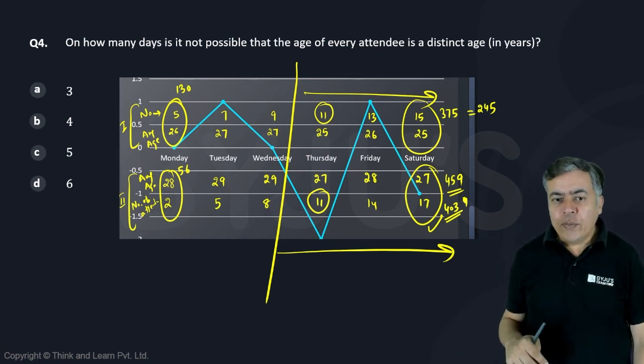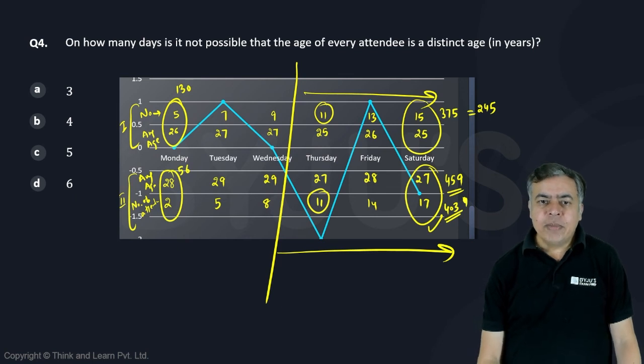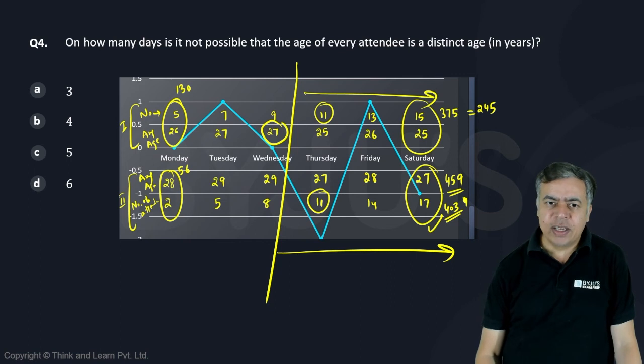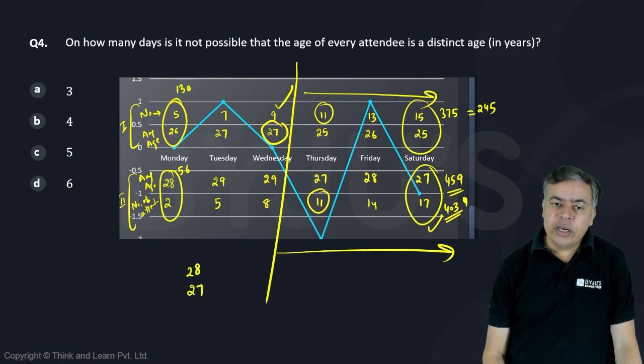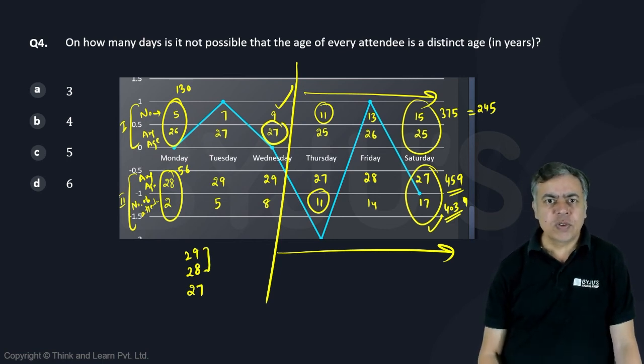And now if I talk about Wednesday, the minimum average is 27. If the average is 27, and I say that there are 9 persons who have different ages, then if I take 27, then 28 and 29, there can be only 2 persons having more age than 27, plus 1 plus 2.